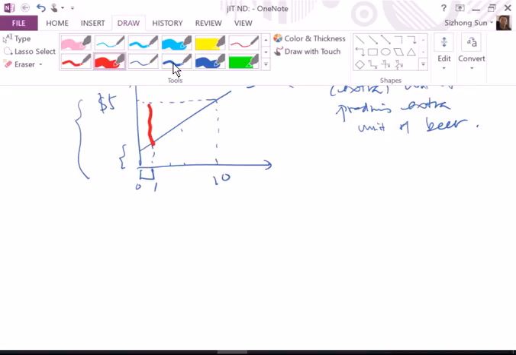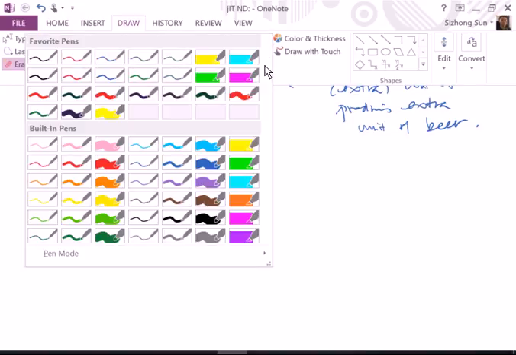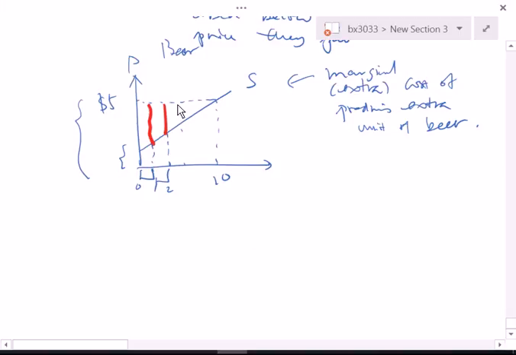Similarly, for the second beer, the extra cost is this many. However, I'm selling this unit at $5. So there's a surplus as well. Similarly for the third one, fourth one, fifth one, until the 10th one. So adding up, we call this producer surplus.